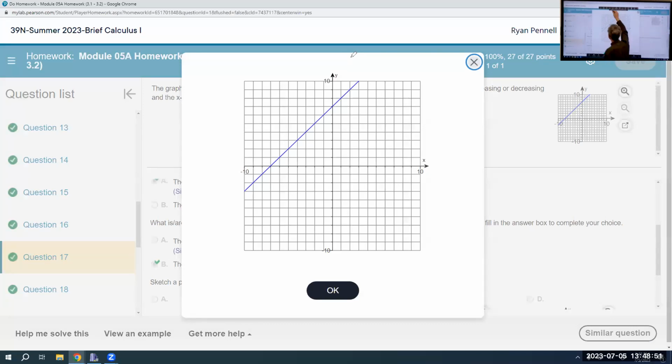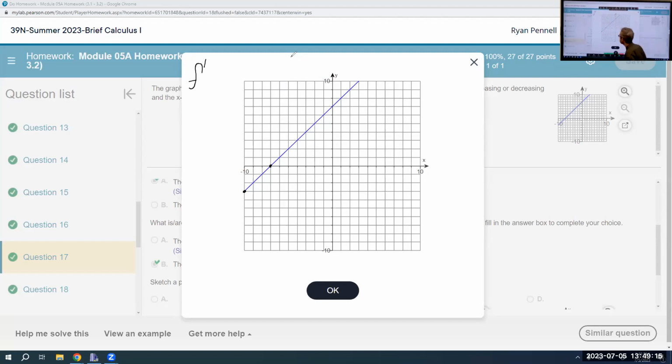This is the graph of the derivative. This is f prime. This isn't f of x. We see that the derivative is a line. It looks like the derivative is negative from here to here.